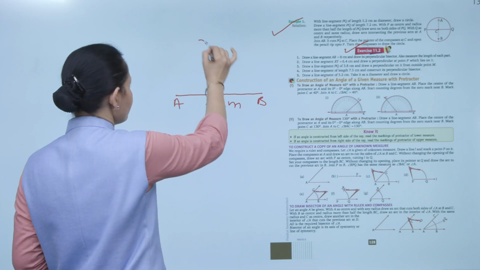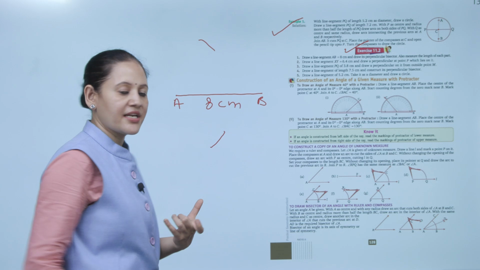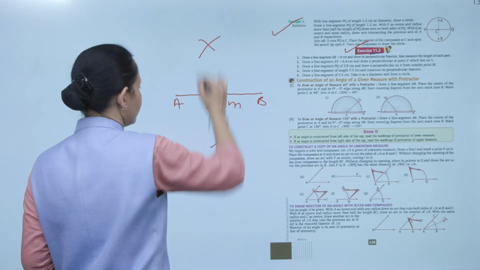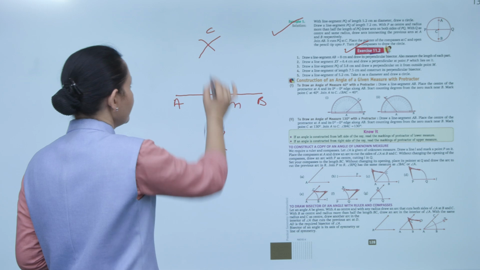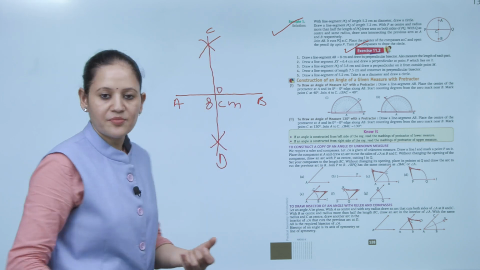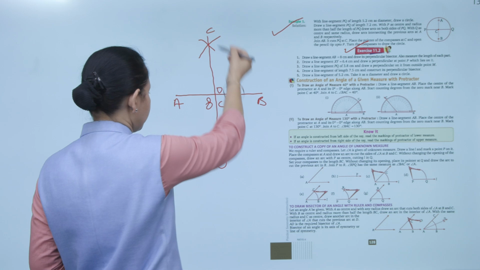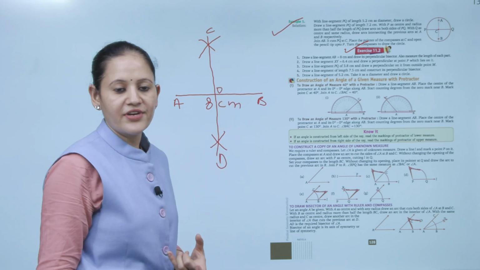Now A as a center, draw an arc here and one arc here. Now B as a center, same radius. These are the points C and D. Now we'll join them. This is the point O. This line segment CD is the perpendicular bisector of AB.